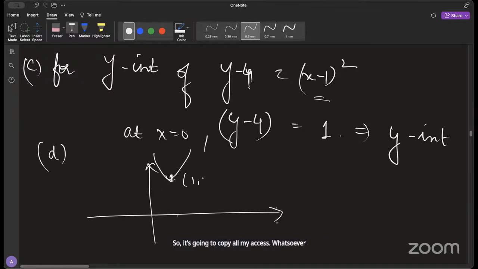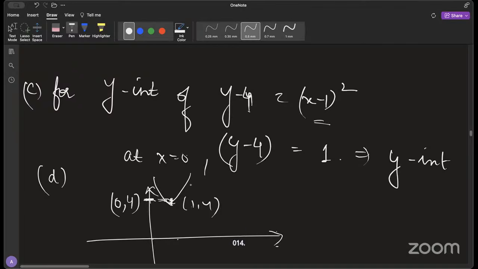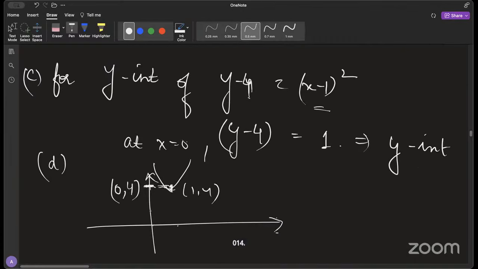This is (1, 4), right? And this height is here. What's this height? This is positive y, so 4. So the height is 4. That means your y-intercept should lie above 4. If it's somewhere below, that option is incorrect.